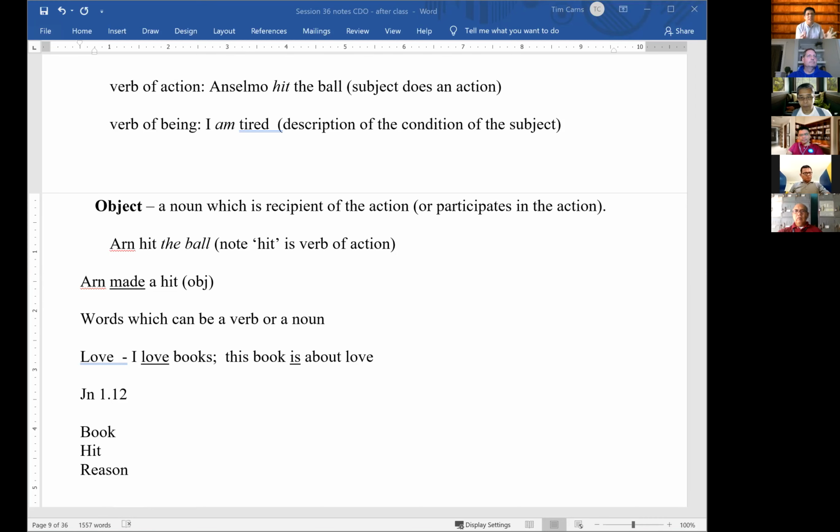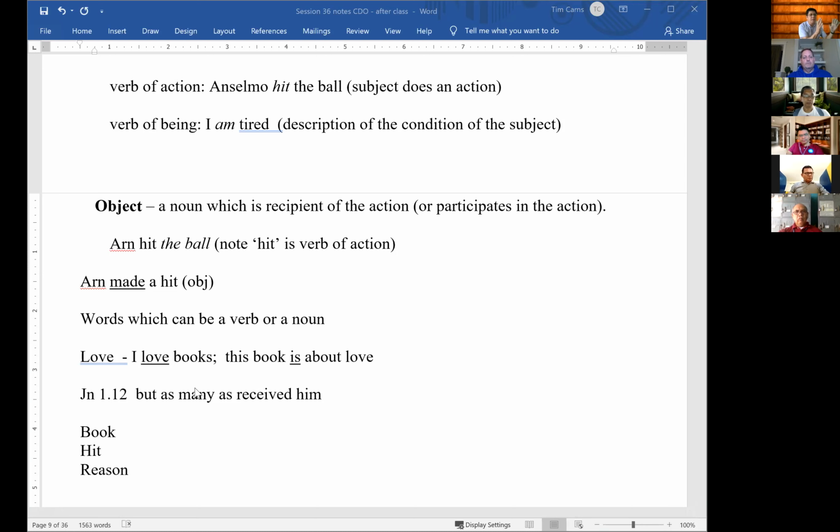Let's take that as an example, Pastor Tim. So, but as many as received him. Okay. The sentence completes. He gave them the right to become children of God. So if we just take the but as many as receive him, that's just a phrase.